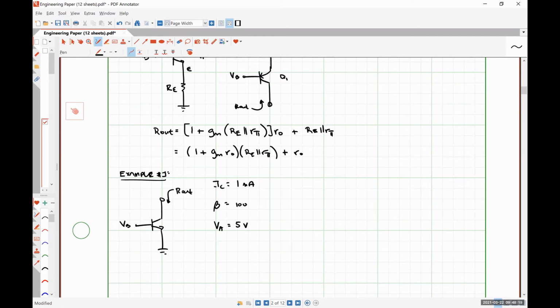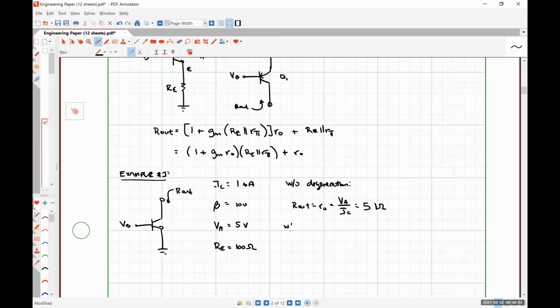We want to know what the output impedance is for this, and then also what it is if we degenerate it with a 100 ohm resistor. So without degeneration, we have Rout equal to ro equal to VA divided by IC, which we can see from our values is very easily 5 kilo ohms. So we have a particular output resistance.